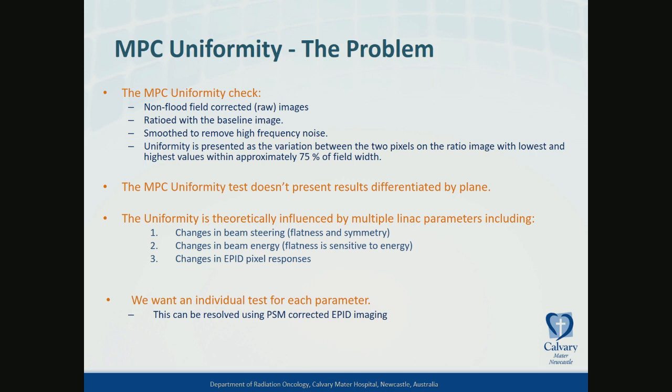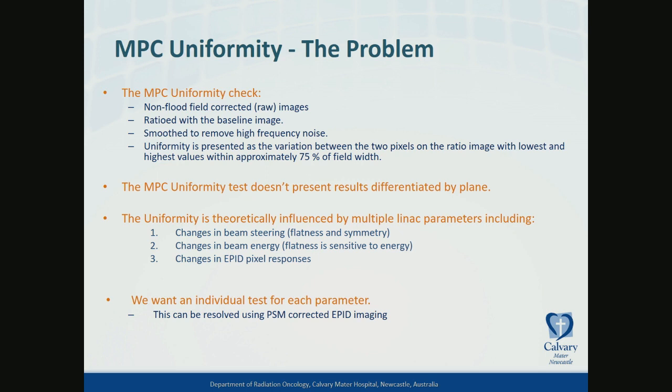This image is not corrected by the flood field, so it's a raw image, and what it does is it ratios this image with the baseline image. Then what happens is high frequency noise is removed by smoothing, and then the uniformity is presented as the variation between the two pixels with the highest and lowest magnitudes, but only within 75% of the field width, so as to avoid the effect of any jaw.